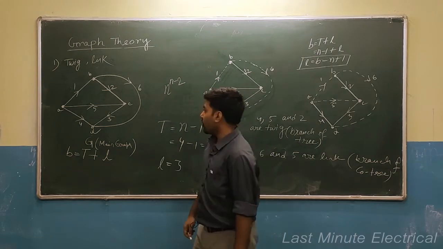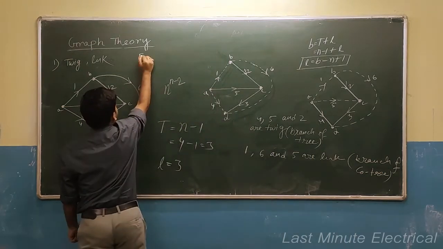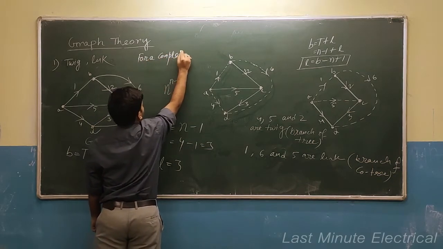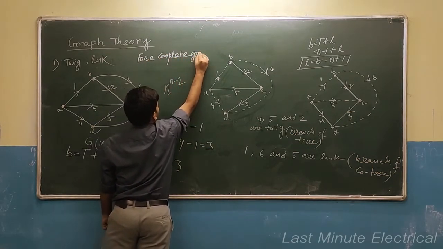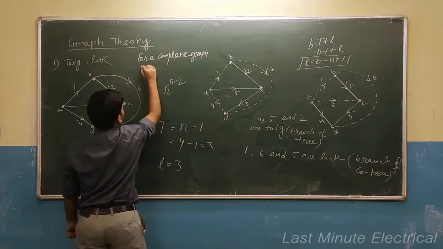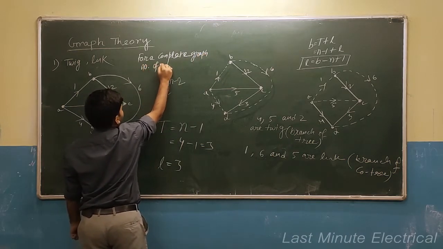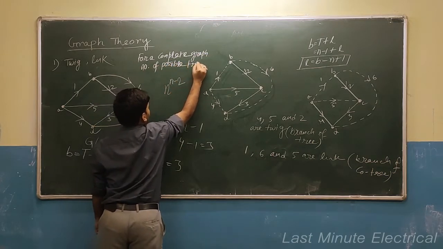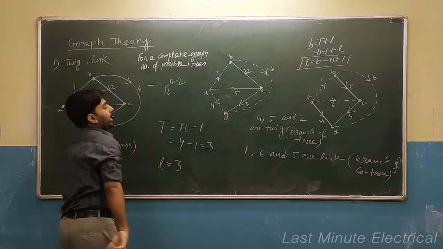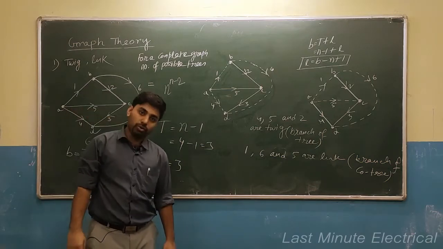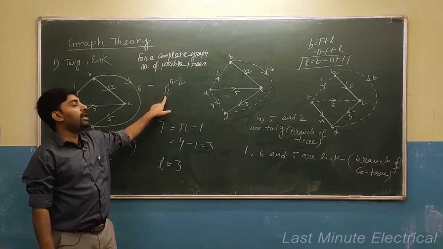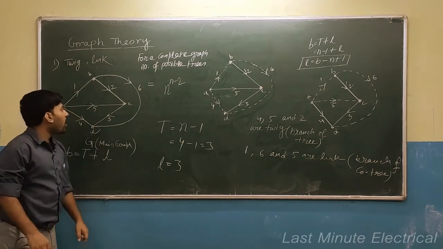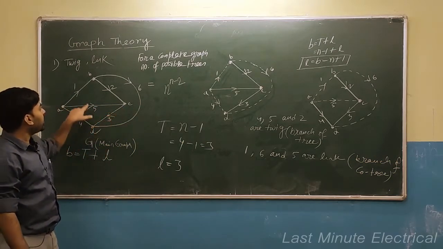So for a complete graph, the number of possible trees is n to the power n minus 2, where n is the number of nodes present in the given graph.